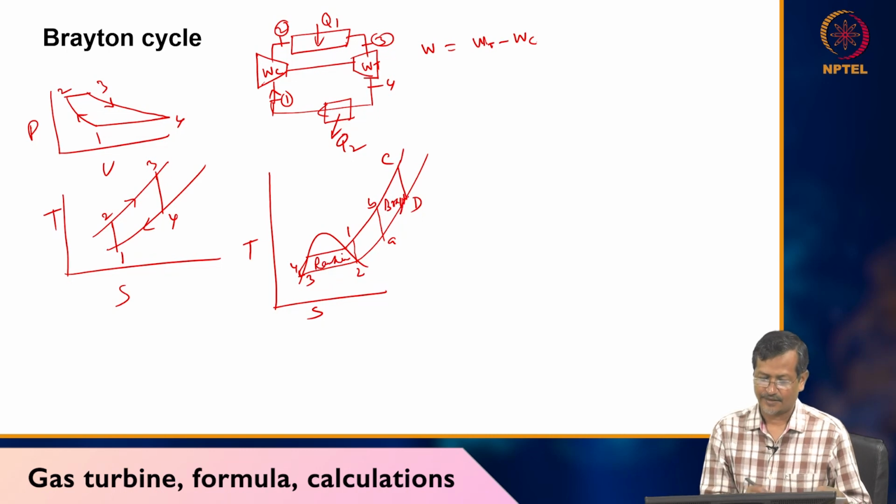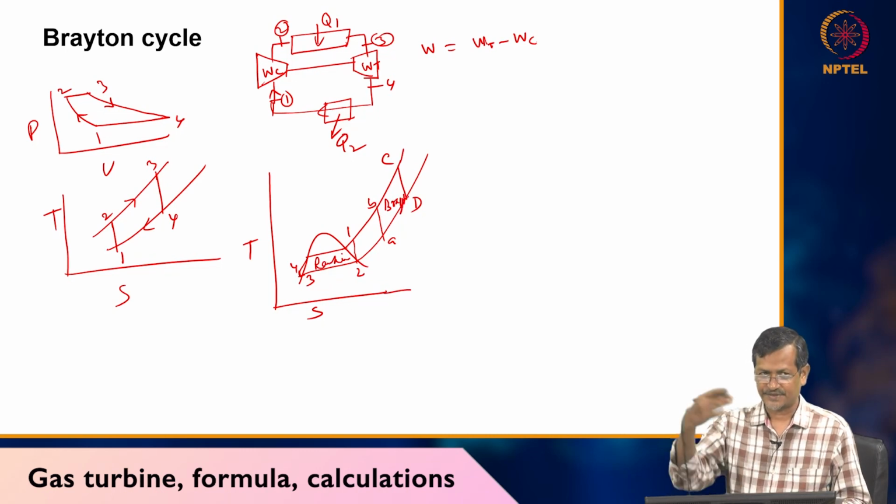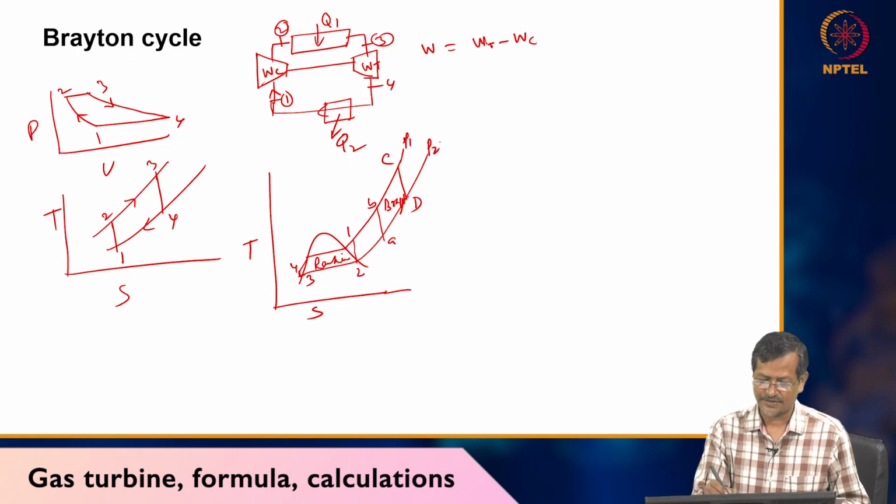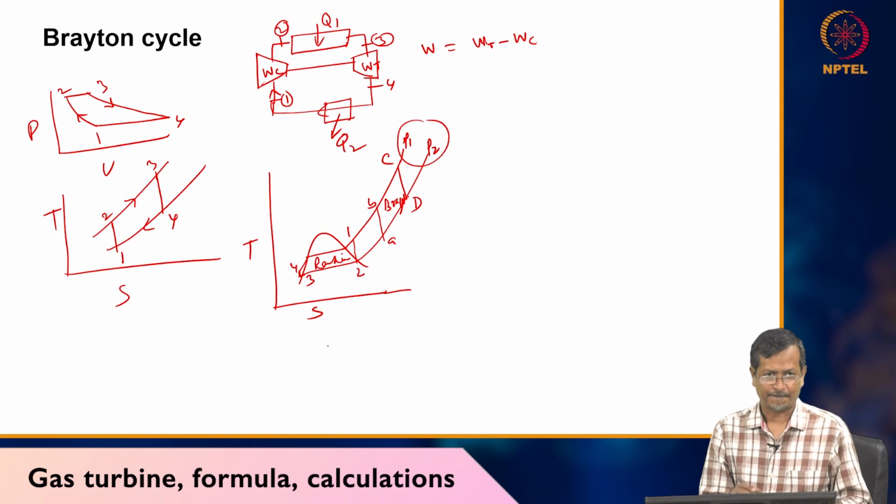Brayton is on the upper side at high temperature because there condensation is not happening. And in the pressure range, you can see P1, P2. Within these two pressure ranges, both work fine.